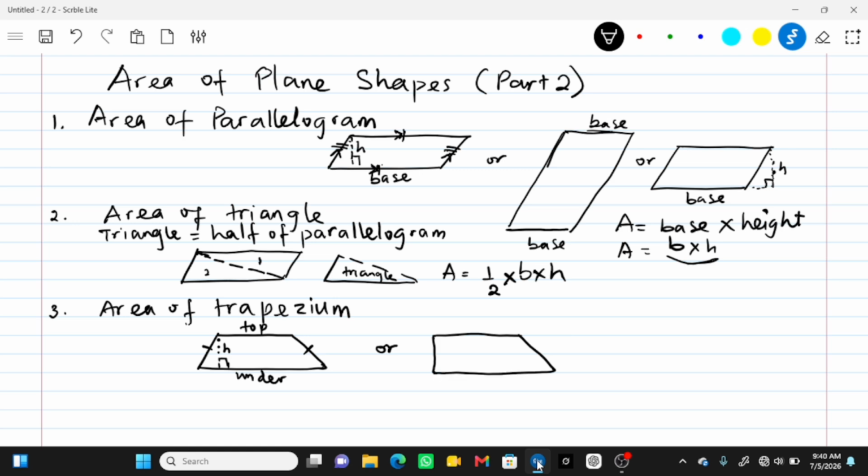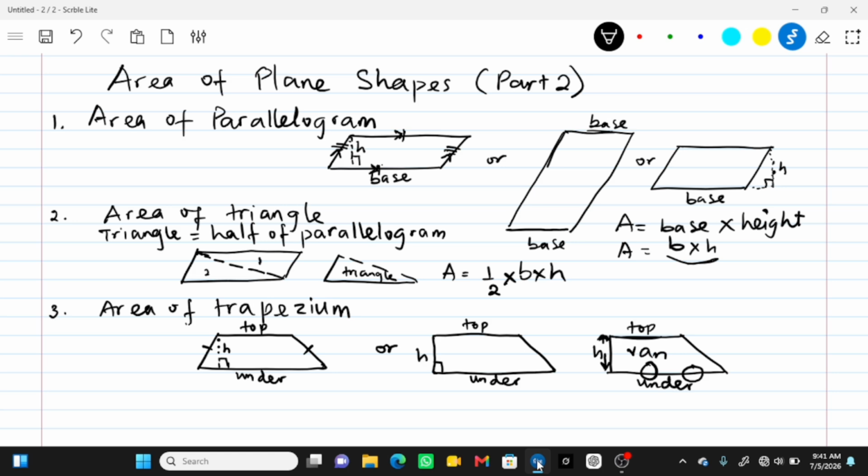Again, this is the vertical height. Basically, this looks like a bus or probably a van. If I were to manufacture tires and put them there, this would be the top, like the van top. This will be the height of the van from here to here, and then this will be the under.